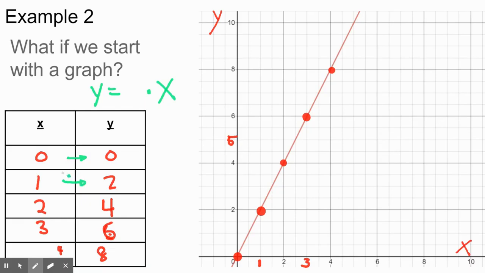So we could multiply this by 2 to get that. If we test it here, 2 times 2 is 4, 3 times 2 is 6, and 4 times 2 is 8. So I think that works. So our equation would be y is equal to 2 times x.